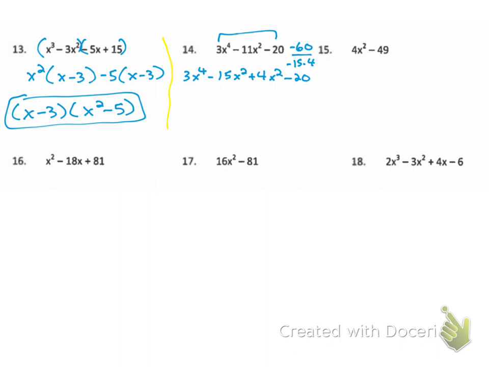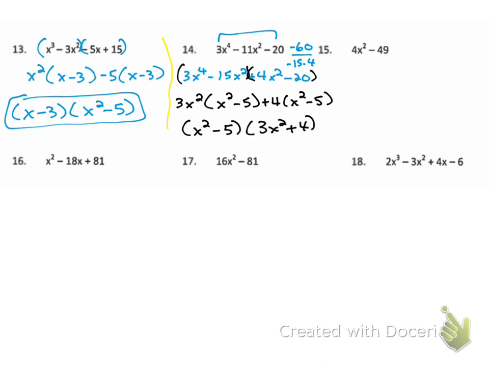Okay. And then from there, factor by grouping. So the GCF here would be 3x squared, which leaves me with x squared minus 5. GCF there would be 4, which leaves me with x squared minus 5. And so that answer will be x squared minus 5 times 3x squared plus 4, okay?